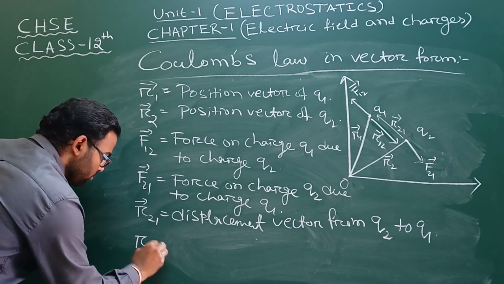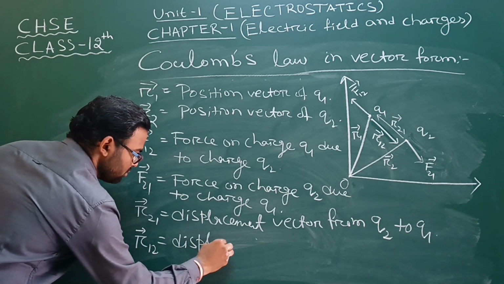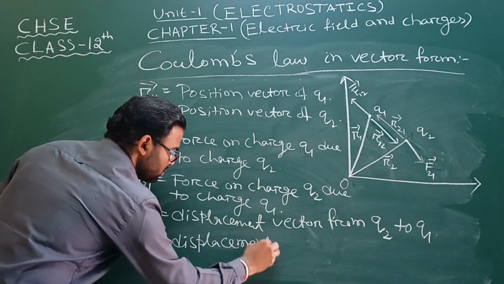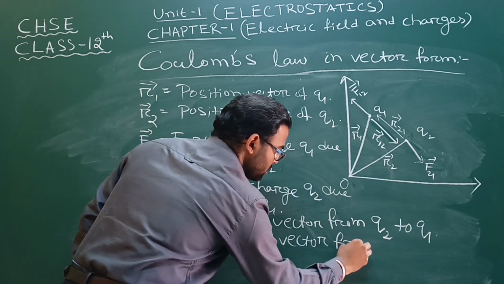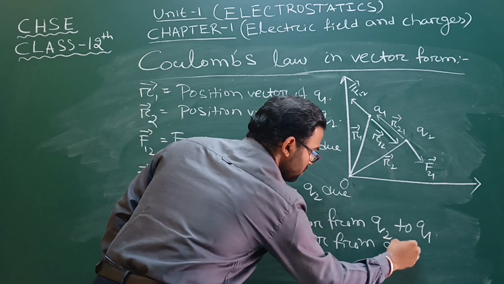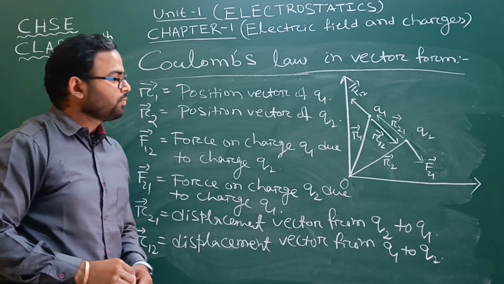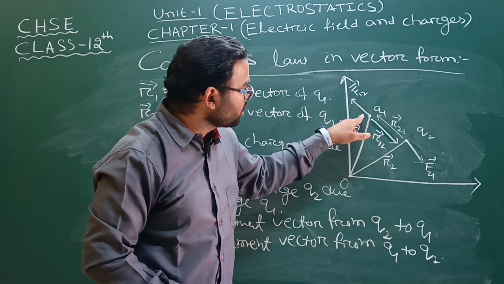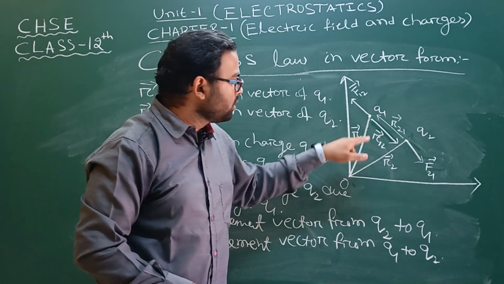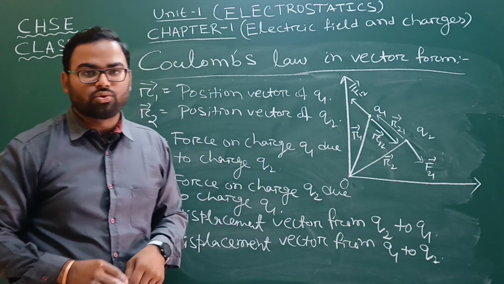Then R12 vector is displacement vector from q1 to q2. The displacement vector travels from q1 to q2.